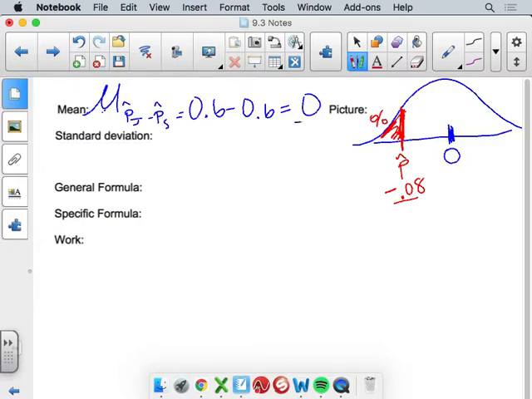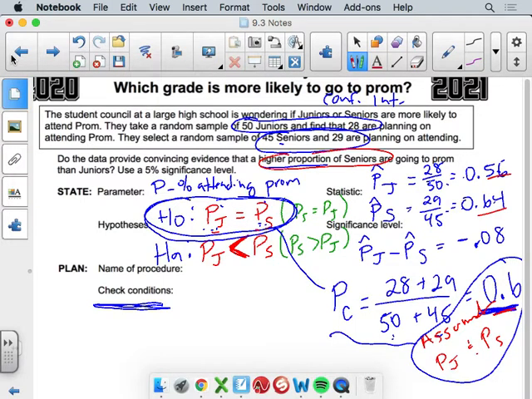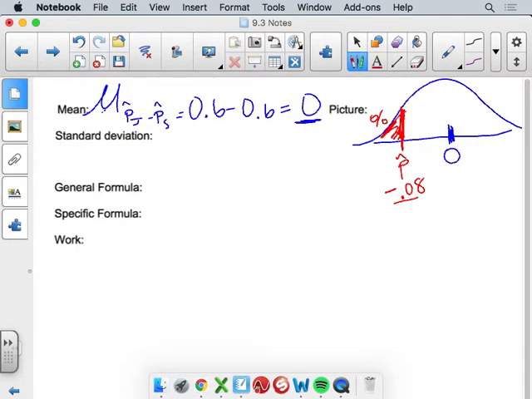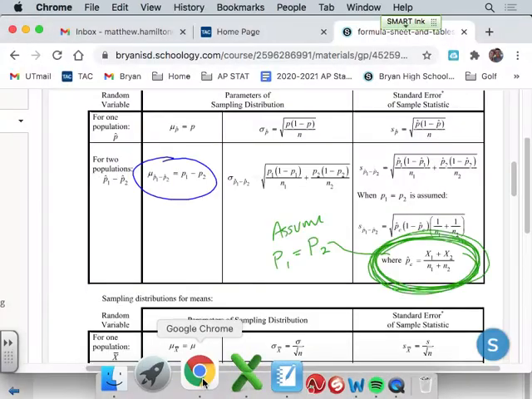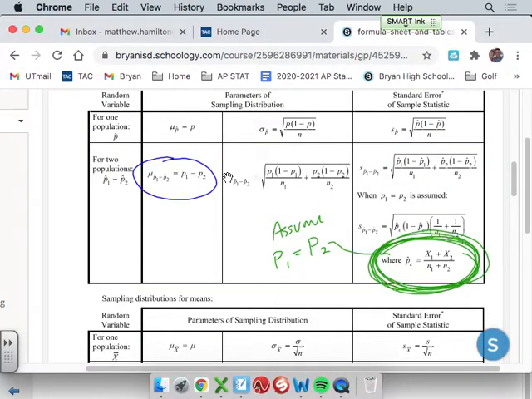Okay, so this is the difference, and if we're going under the assumption that these are equal, the difference should be 0. That's why we got this value here. If we're going under the assumption that they're equal, the mean should be 0 every time. Okay, the standard deviation is going to be this formula.